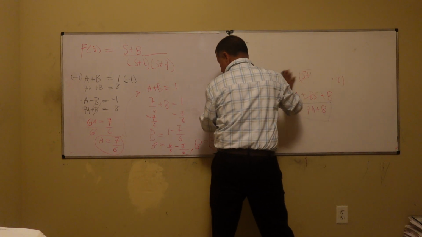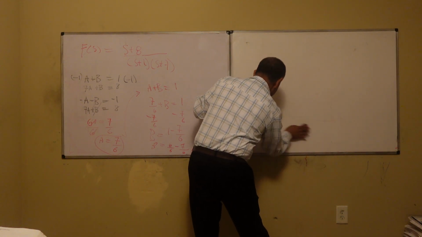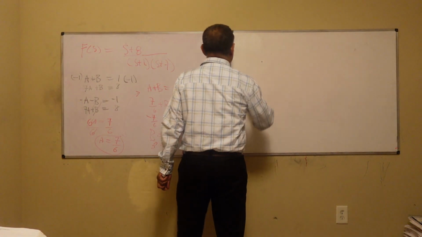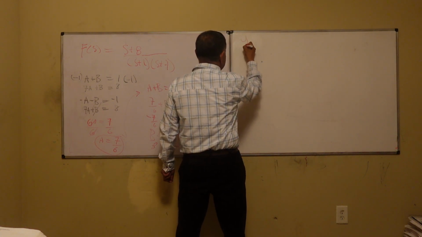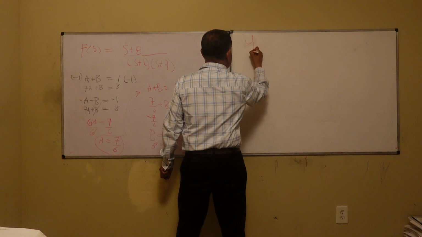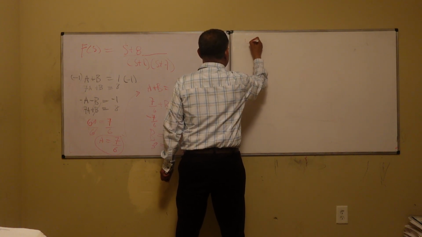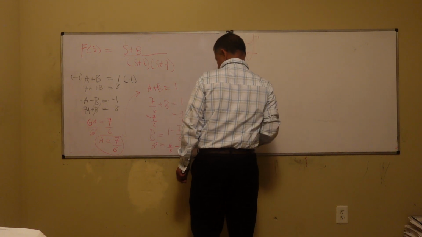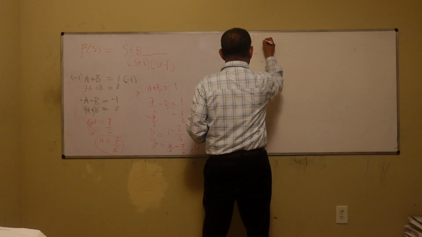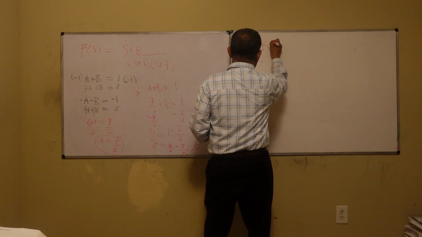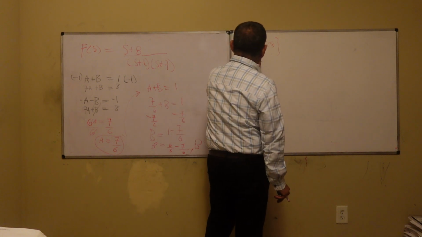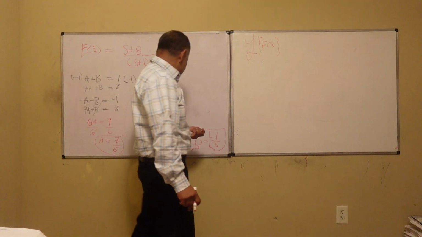That just basically tells me that I found the A and B. Now I have to take the inverse Laplace of this that was given to me, I need to turn it into the time domain.